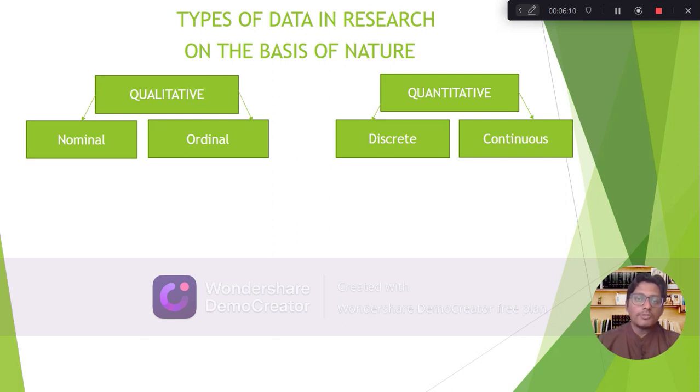categorization. If we categorize data on the basis of nature, then there are two types. Qualitative data, which is expressed in terms of facts, like text, textual form, characters. But on the other hand, we have quantitative data, which is expressed in terms of numbers, numeric values.